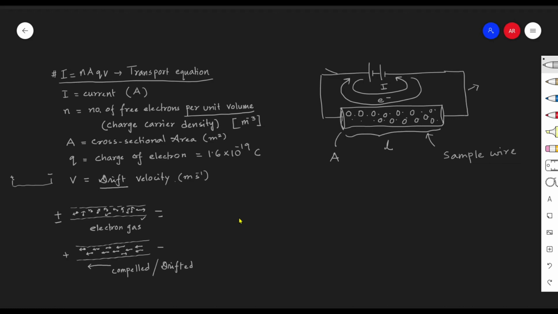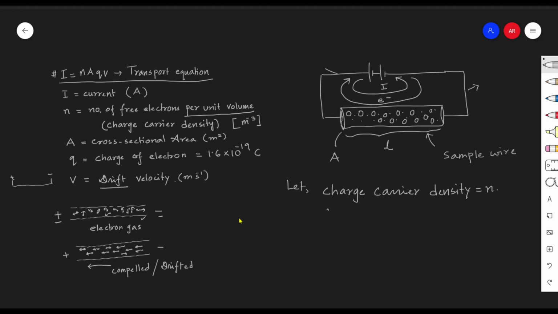So we are now concentrating on this sample wire, which is of length L and cross-sectional area A. We let the charge carrier density, meaning number of free electrons per unit volume, be n for this sample wire.